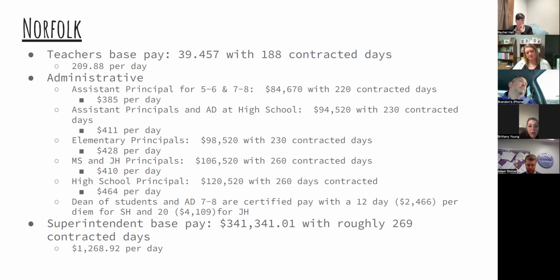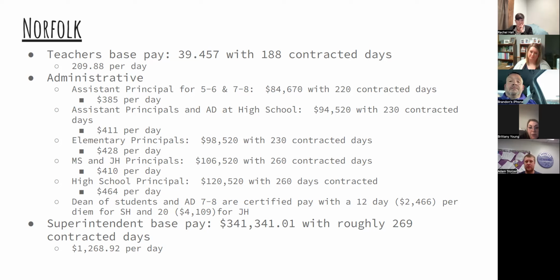And then if you are a middle school or junior high principal, you are getting 106,520, and then you have to do 260 contracted days. And so what's wild to me is if you take the breakdown, the middle school and junior high are actually getting paid less than the elementary principal. Because the elementary principal is only contracted 230, so they're actually taking home 428 per day. And then the middle school and junior high is only 410.